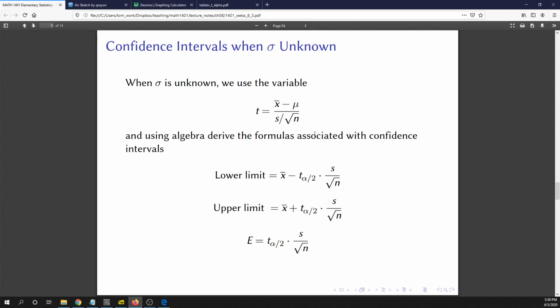So you have to use the t distribution. Other than that, everything falls through pretty much the same. So if you followed the explanation that I gave back in section 8.1, then it's not a real stretch to see that this is true.